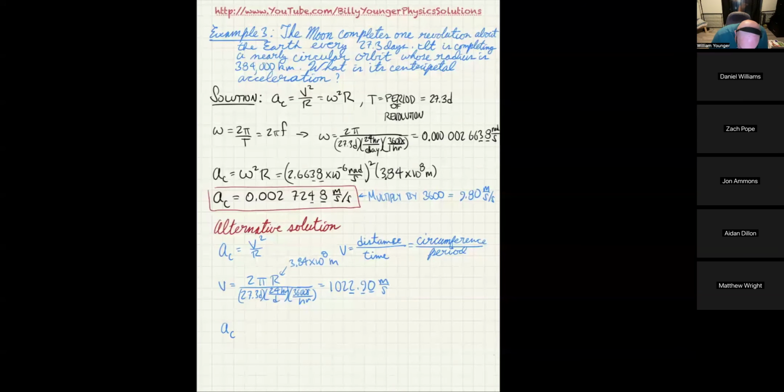Now we can write a centripetal is equal to 1,022.90 meters per second. That quantity's got to be squared, divided by 3.84 times 10 to the 8th meters. And when you do that, you get 1,022.90 squared.